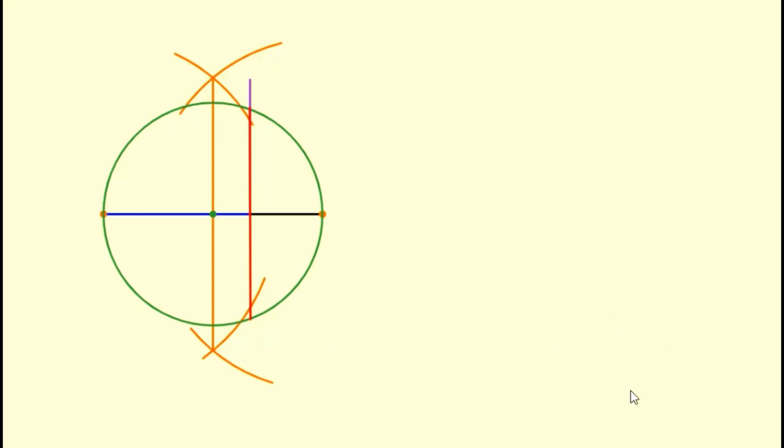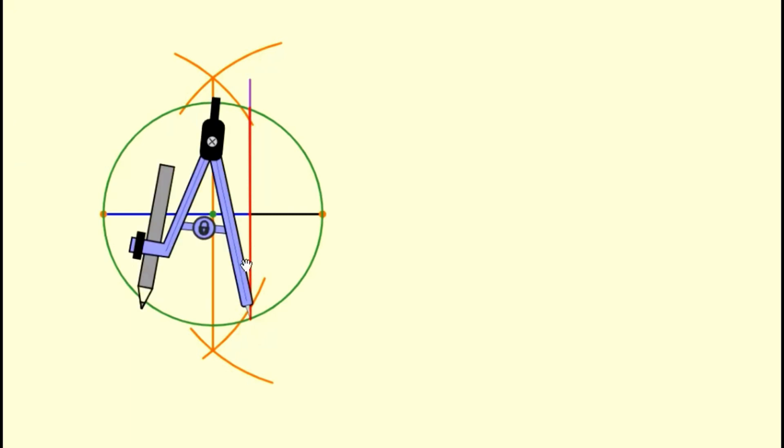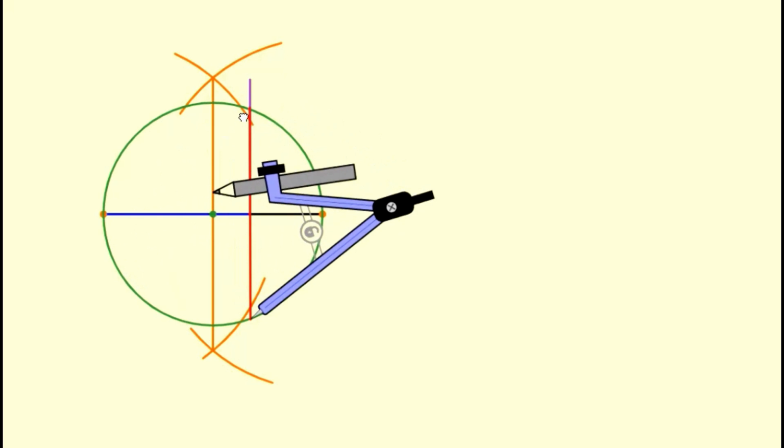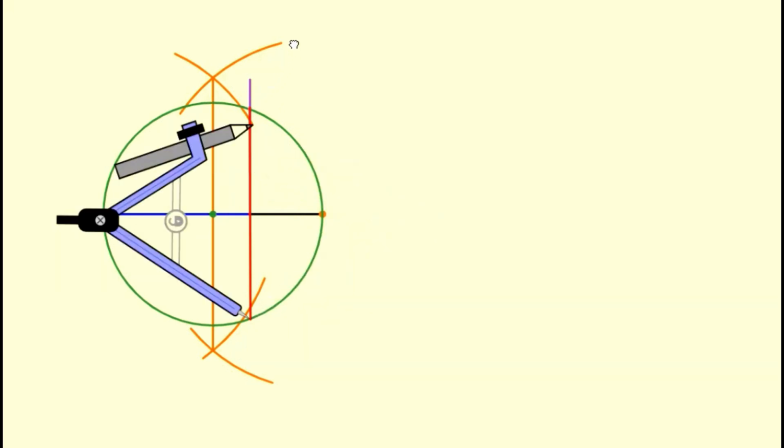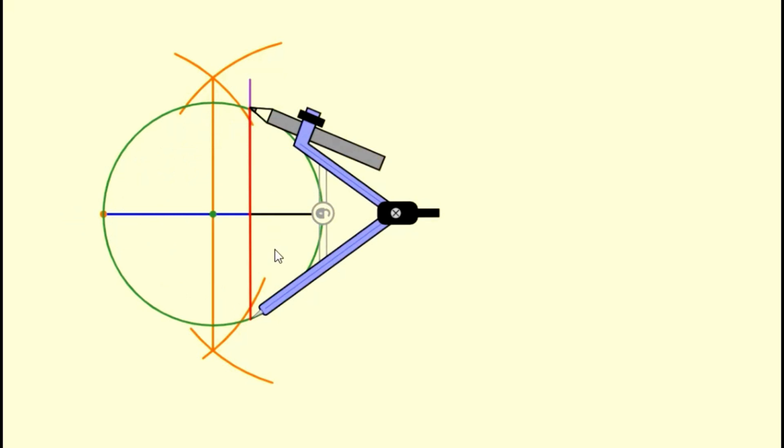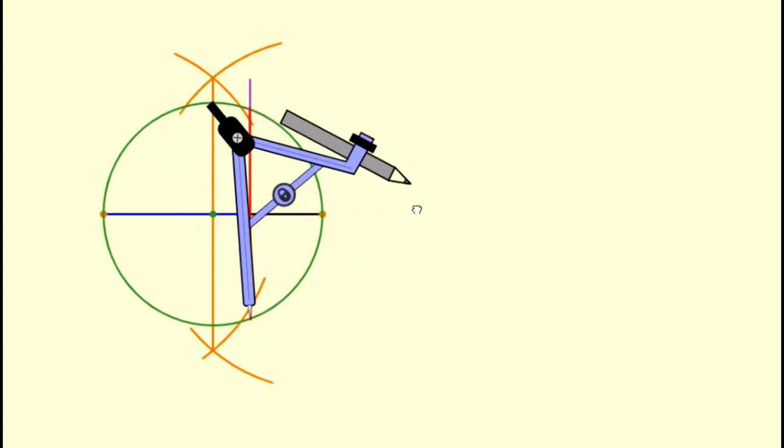The length of that line is 2 root 8 centimeters. We can draw an equilateral triangle by taking this length as the side. So take that length in the compass and draw an arc.